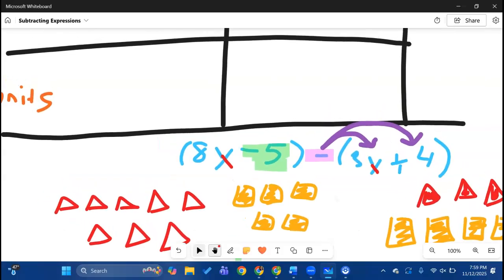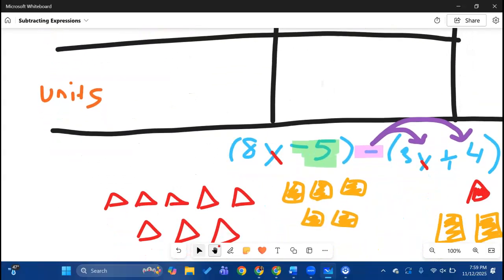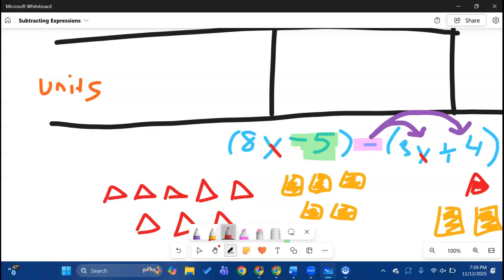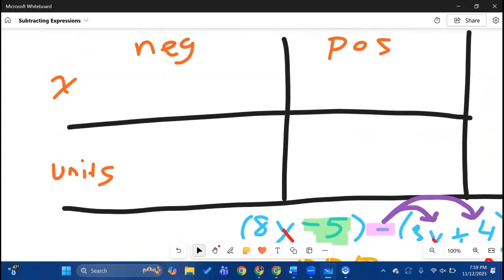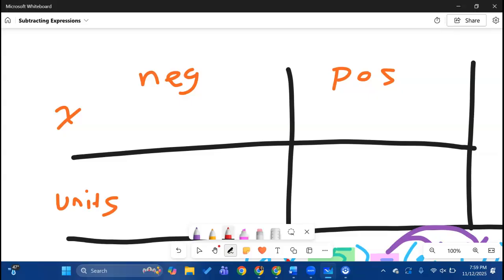Now, going back up here, we need to move those shapes into our table. Alright, so we're going to take our pen again, and then we have to draw our positive 8 triangles. Those are our x units, and we know we have positive 8.